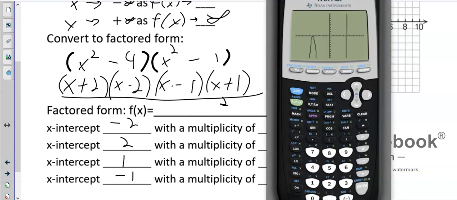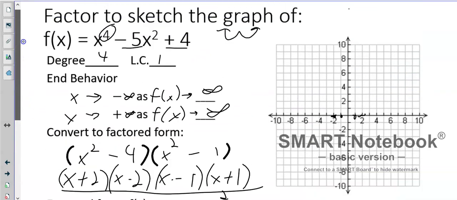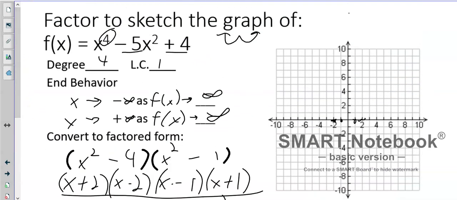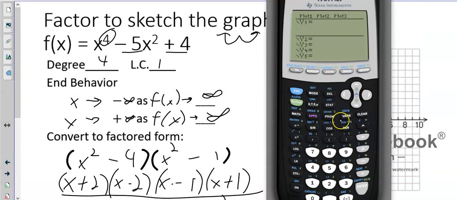Calculator work right. So we're going to clear out what's in there and enter this. X to the power of 4, minus 5x squared plus 4.